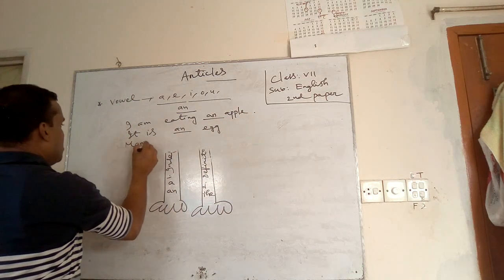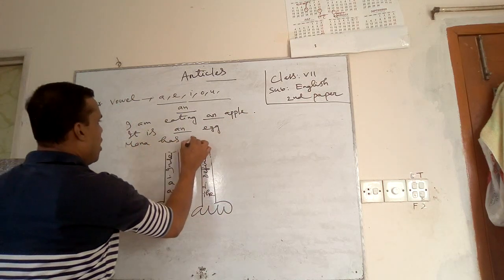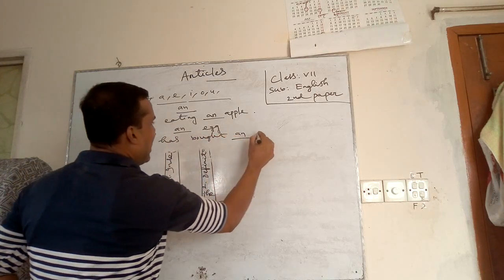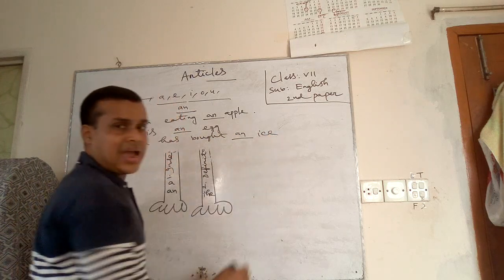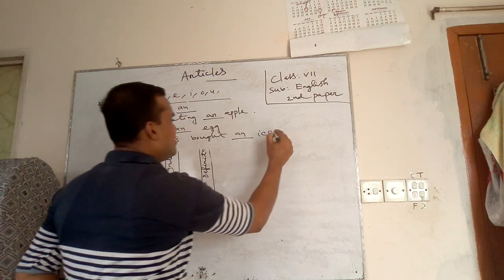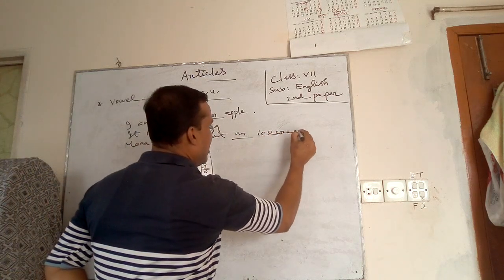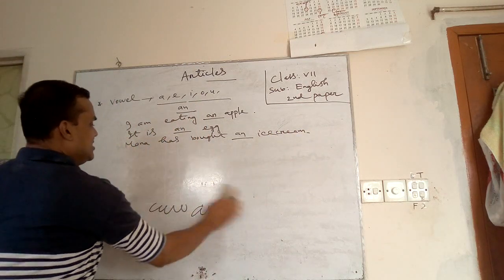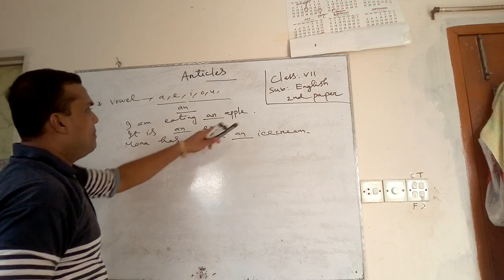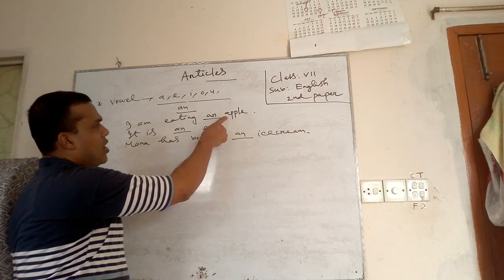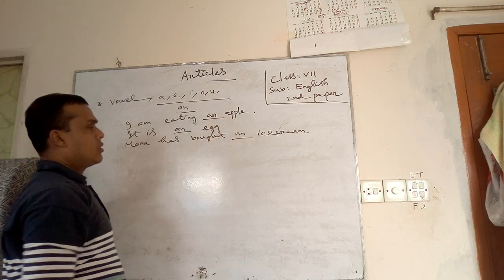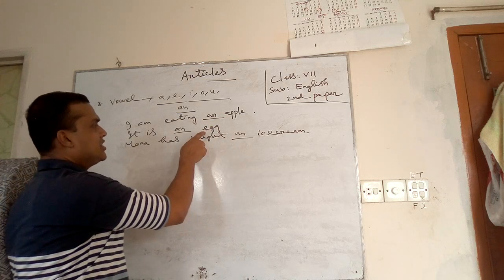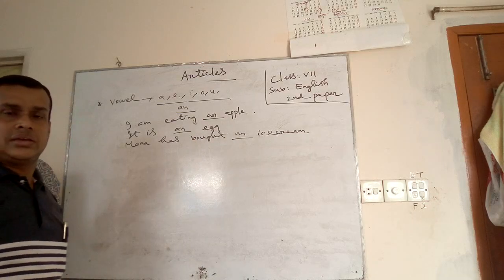Muna has bought an ice cream. In these sentences, the first letter of apple is A, a vowel. The first letter of egg is E, a vowel.